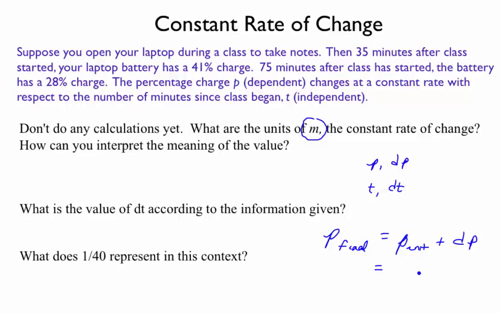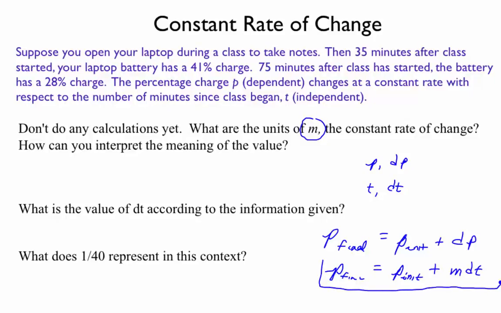Changes in the dependent are a constant multiple. If we have a constant rate of change, which we did here, then any change in p would be a constant multiple times the change in t. So it would be p initial plus m dt. This was the notation we should have been using when making that graph.